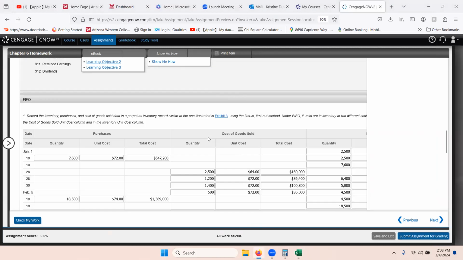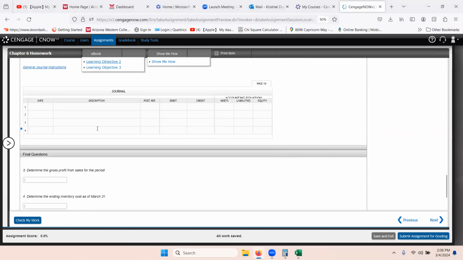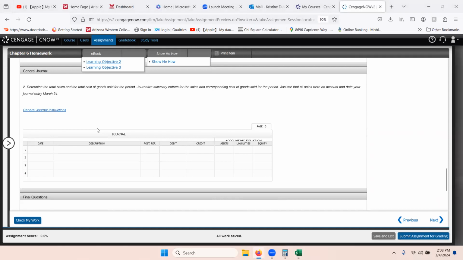So let's go back down to that journal item. That journal item wants us to determine the total sales and the cost of goods sold, make it for March 31st. So if I remember correctly, and I do, sales are on account. Account means either accounts receivable or accounts payable. This was sales, so it has to be accounts receivable.